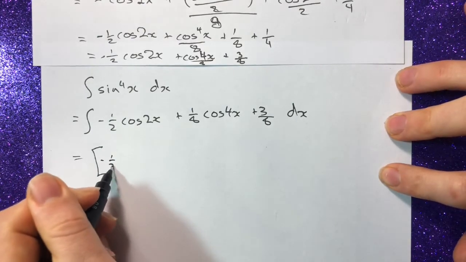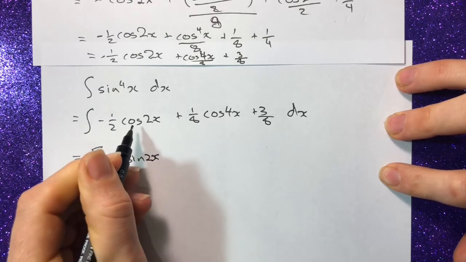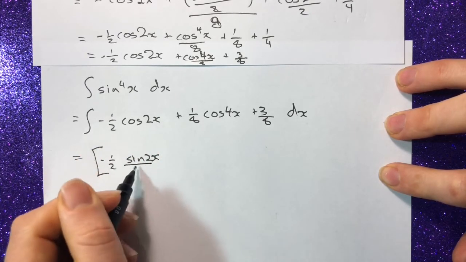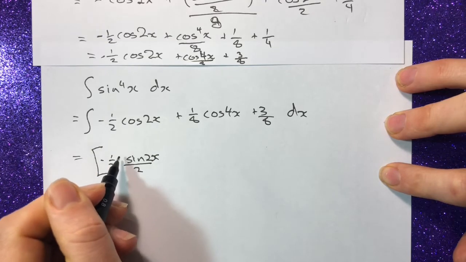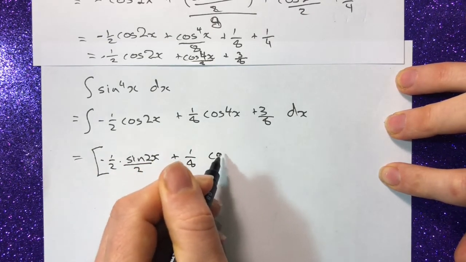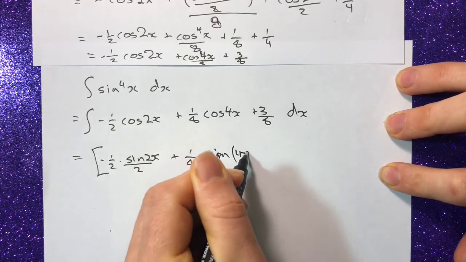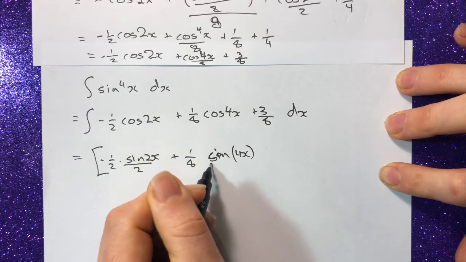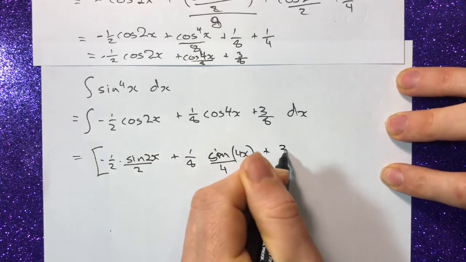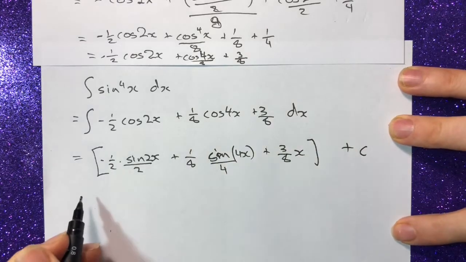So minus a half sine 2x derives to cos 2x with a 2 out the front, so put a 2 there, and derives positively, so that's fine. Sine of 4x derives to 4 cos 4x, so put a 4 on the bottom. And simplify that and you'll have your answer.